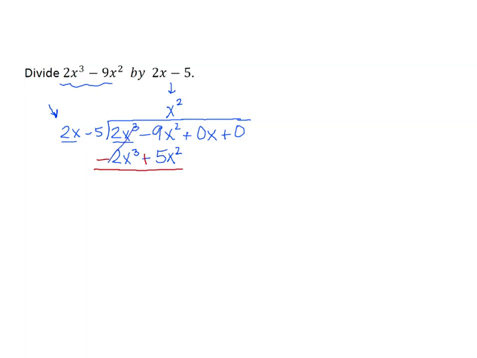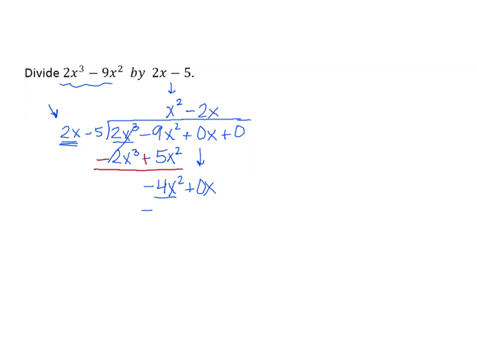When I add my x squared terms together, I get negative 4x squared. Bring down my next term. 2x goes into negative 4x how many times? Hopefully you're thinking negative 2x, because it's just like the one we just looked at.